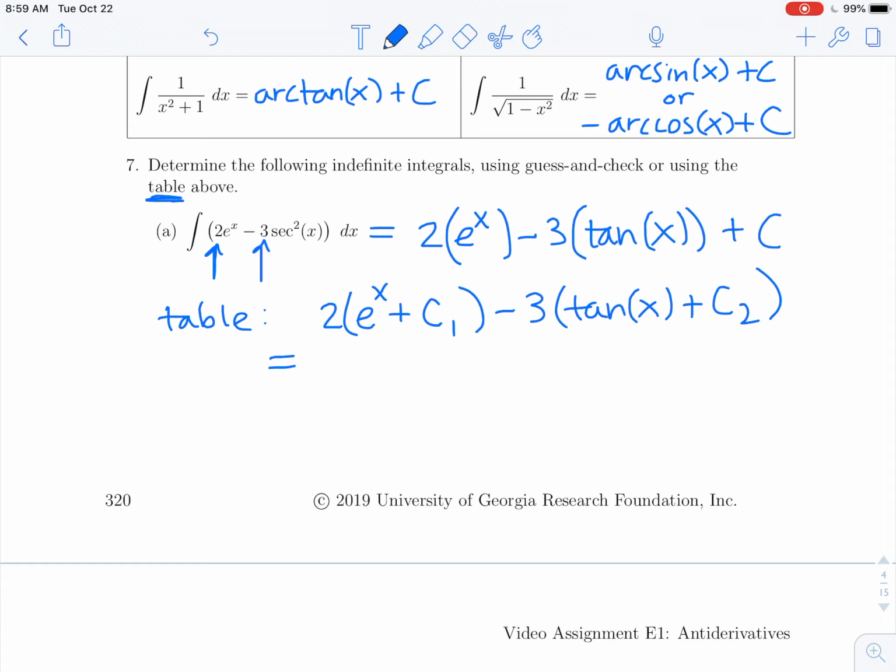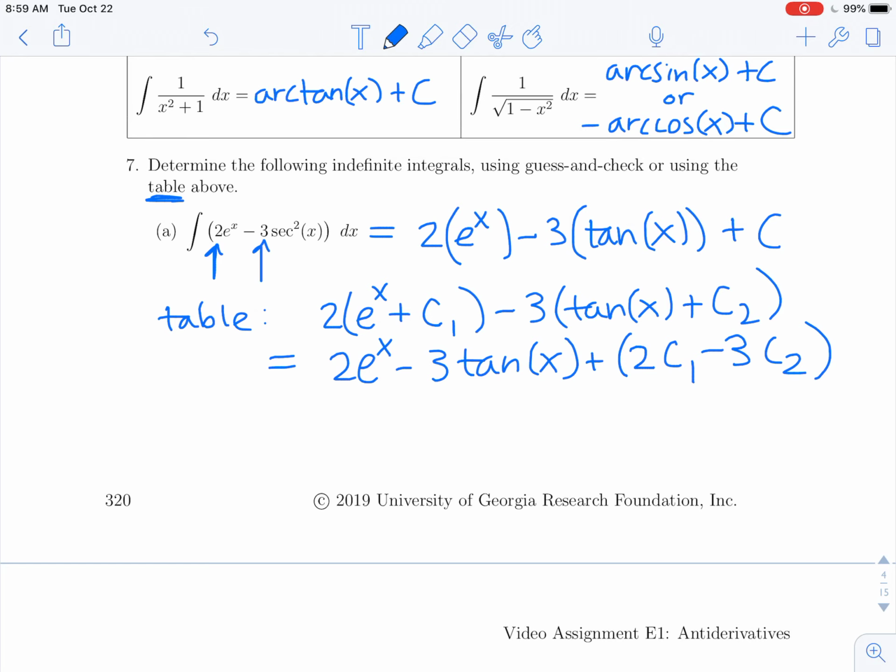But that's the same thing as 2 e to the x minus 3 tan of x, and then plus 2c sub 1 minus 3c sub 2.